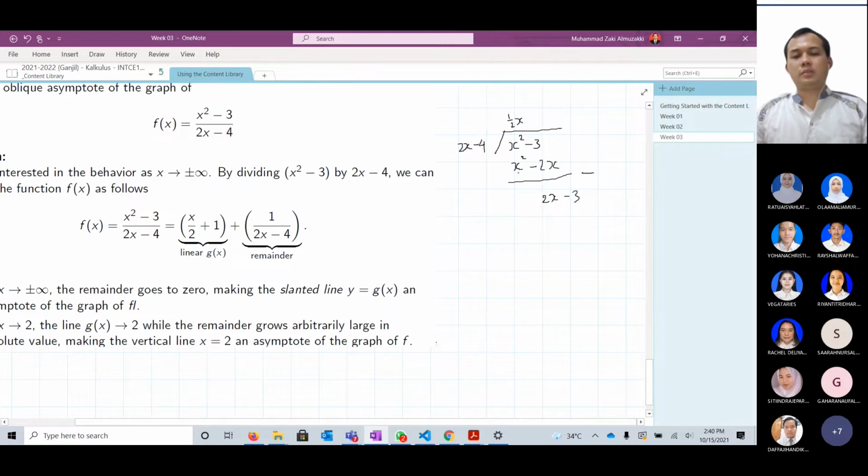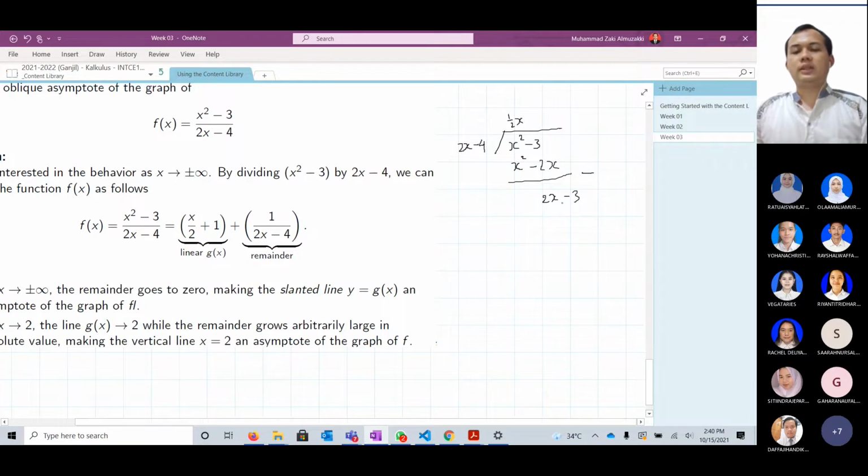Why? Because x squared minus x squared is 0, and 0 minus minus 2x is 2x, minus 3 minus 0 is minus 3. Jadi x kuadrat kurang x kuadrat 0. Kemudian 0 dikurangi min 2x adalah 2x. Kemudian min 3 kurangi 0 adalah min 3.